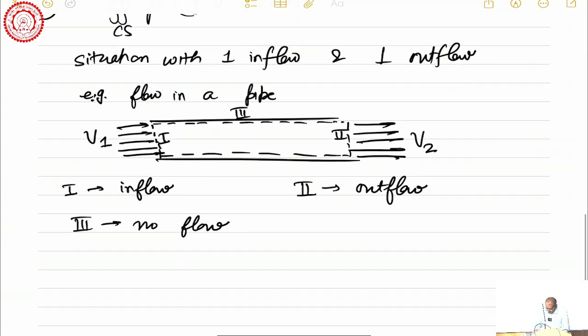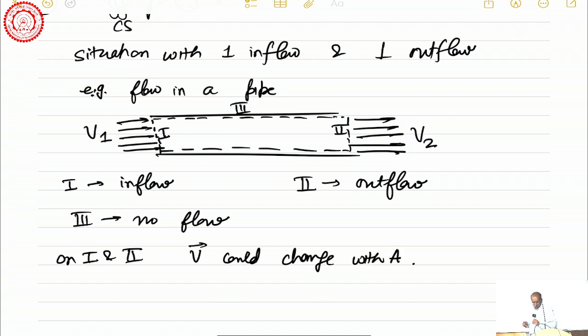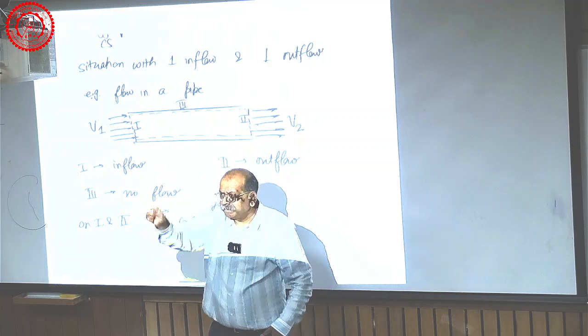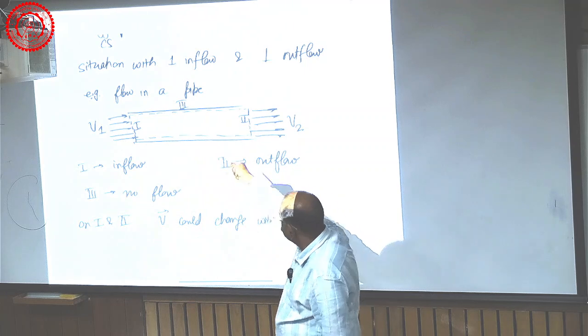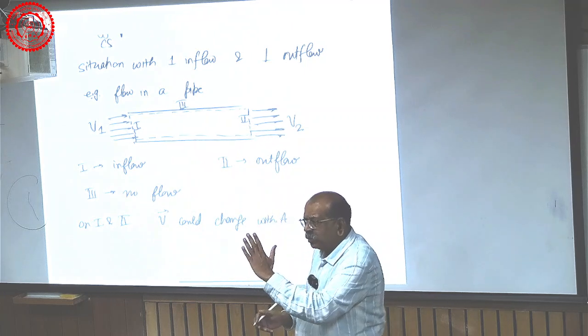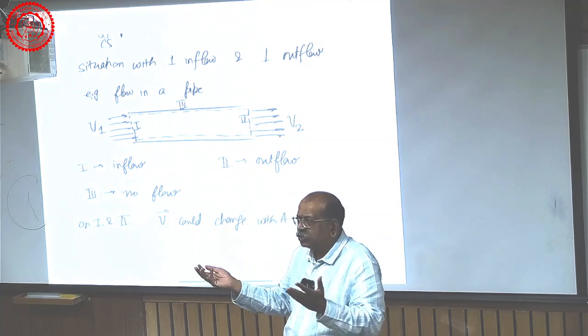Now what can happen is, on surface 1 and surface 2, which is the area? Area is this vertical line. Whenever you have to calculate V dot n dA, it has to be calculated for the line which you have drawn. So now, V could change with A or it could not change with A.